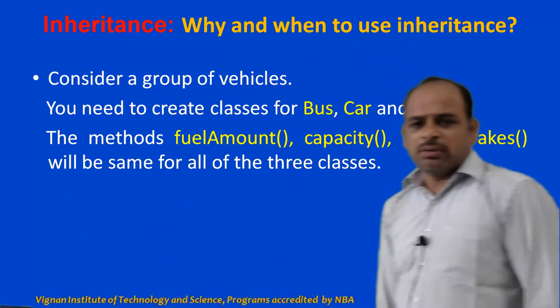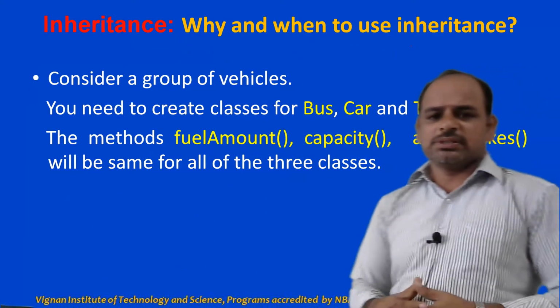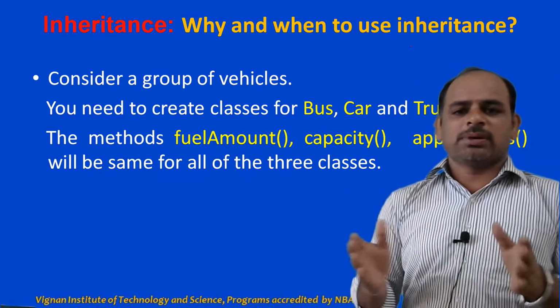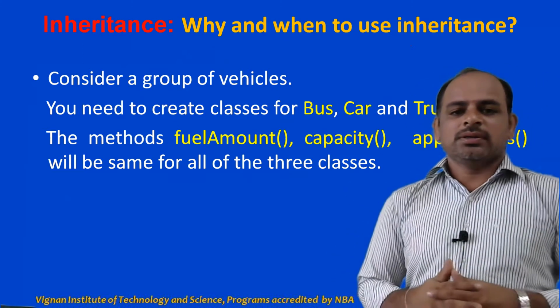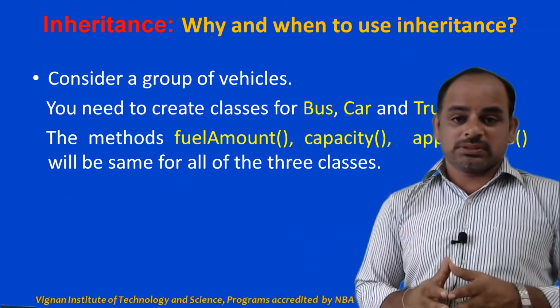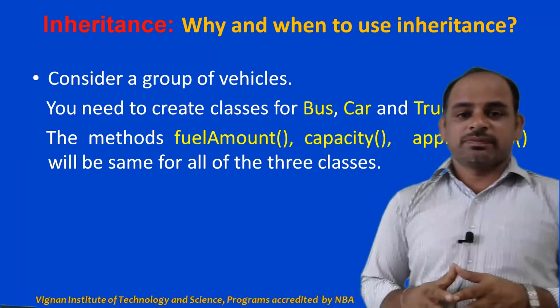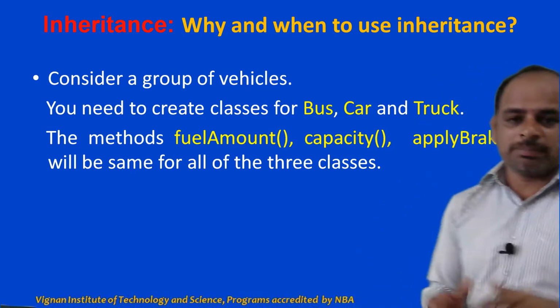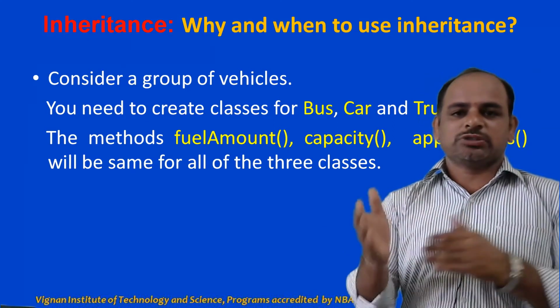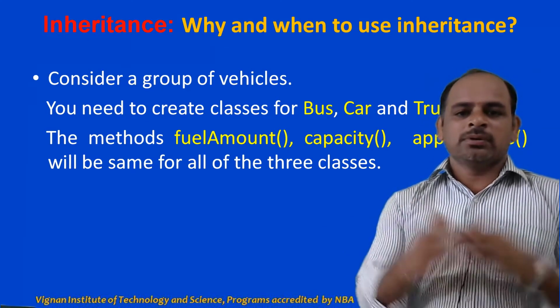You can see why and when to use inheritance. Basically, let us consider a group of vehicles like bus, car, and truck, right? In those, there are some methods, or we can also call them operations or functions: fuel amount, capacity, and apply brake. Let us take these as the operations which are to be performed on these vehicles.